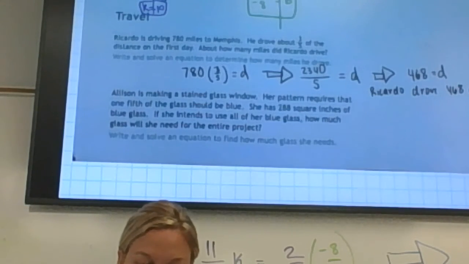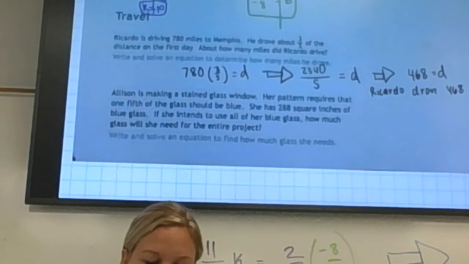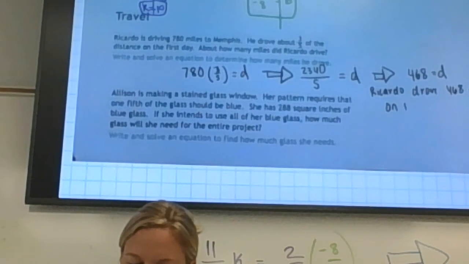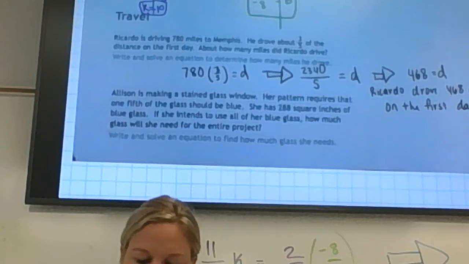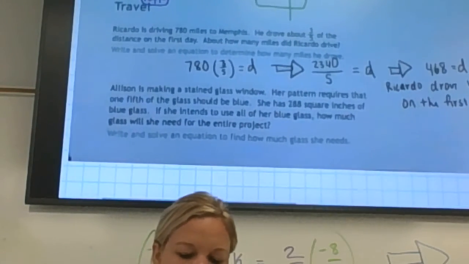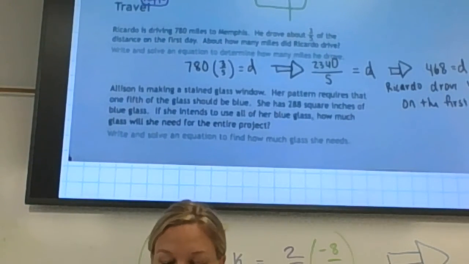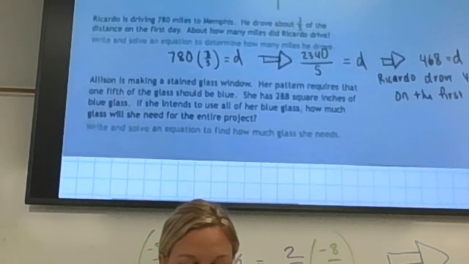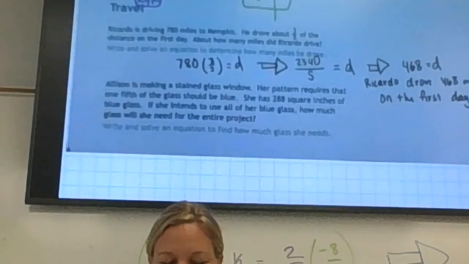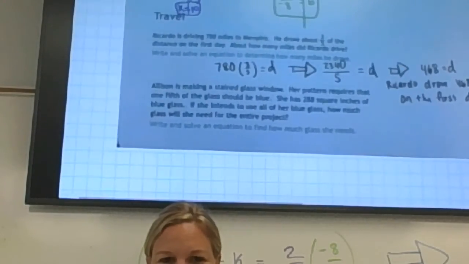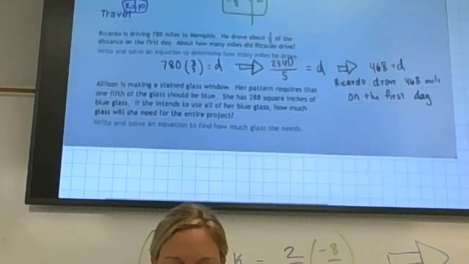Oh yeah, that makes perfect sense. Just over half on the first day. Yeah, that's a long drive. 468 miles. I could run that much easily. Did you say you could run that much? I'd like to see you try, Usain Bolt.